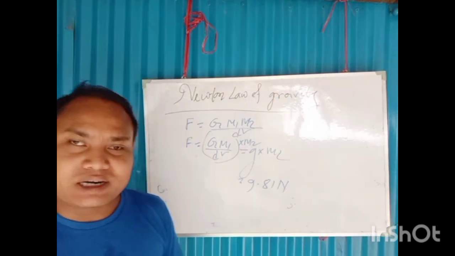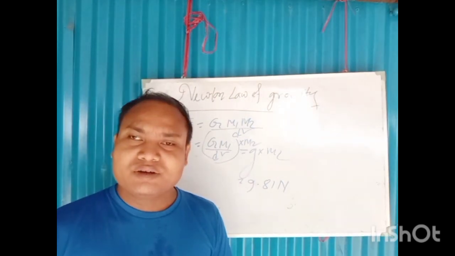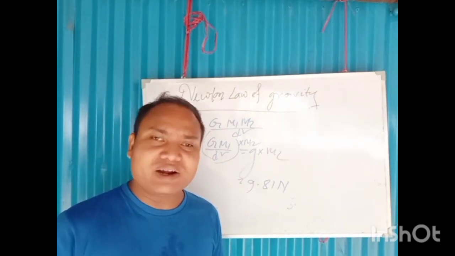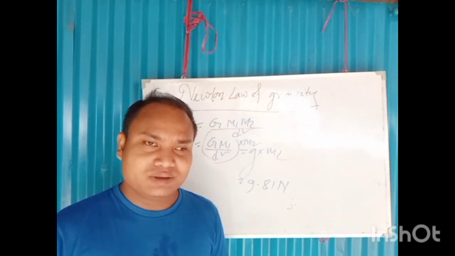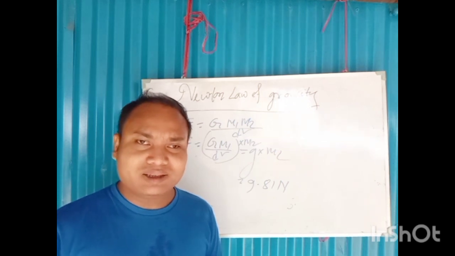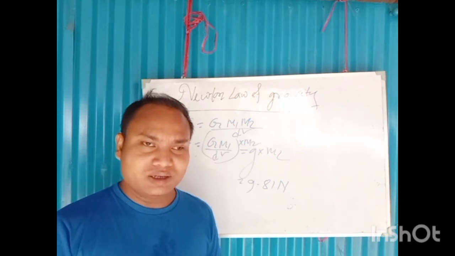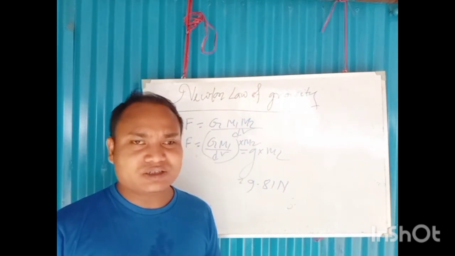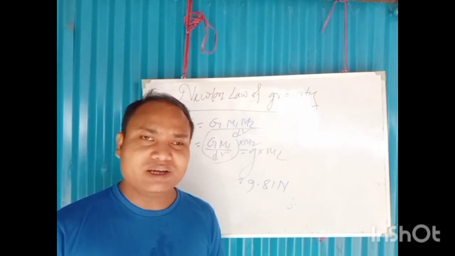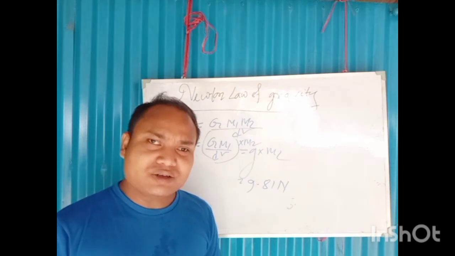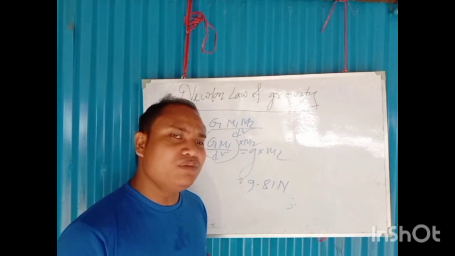Actually, this gravitational acceleration is defined for different bodies. As for example, for the earth and the moon rotating around the earth, the gravitational acceleration with which the earth attracts the moon is 9.81. You can see that in another solar system the gravitational force will be defined differently.